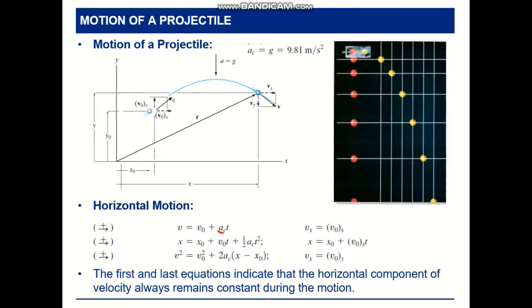Again, the initial and final velocity in x direction are the same, and it is constant because there is no acceleration acting on it.